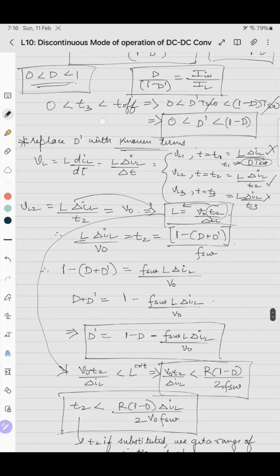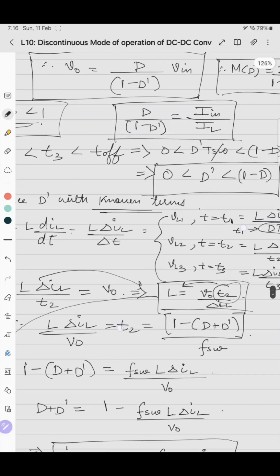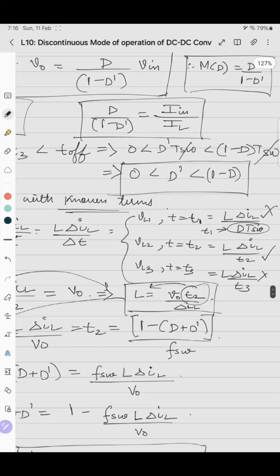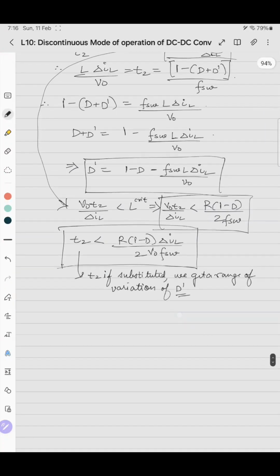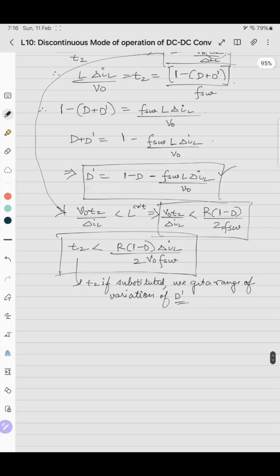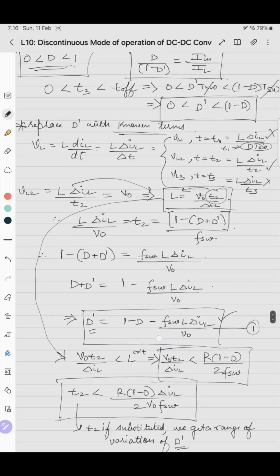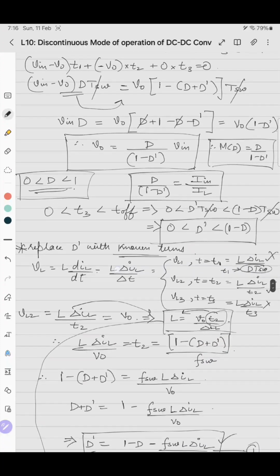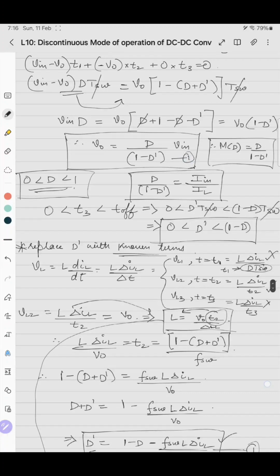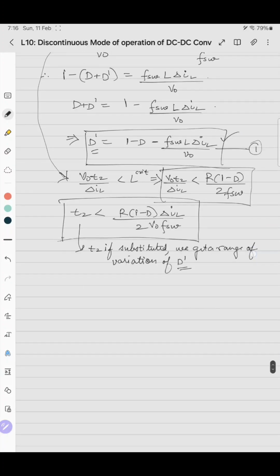But we have already found the range of variation of D dash, that is D dash lies from 0 to 1 minus D. So there is no need of solving this equation. We will use D dash in terms of this. Let's write this as equation number 1, and this as equation number 2.